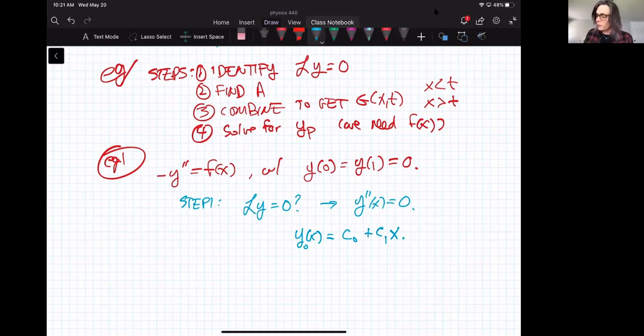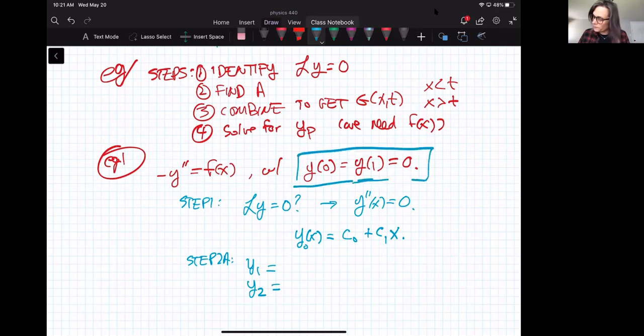In order to find A, we need to find, so this is step 2a, I guess, what y1 and y2 are. And remember, y1 and y2 solve the homogeneous equation at A and at B. So we have the boundary conditions up here, right?